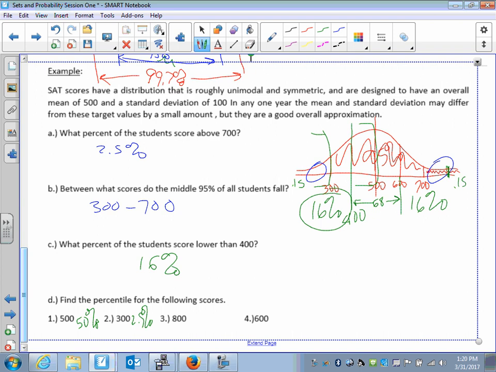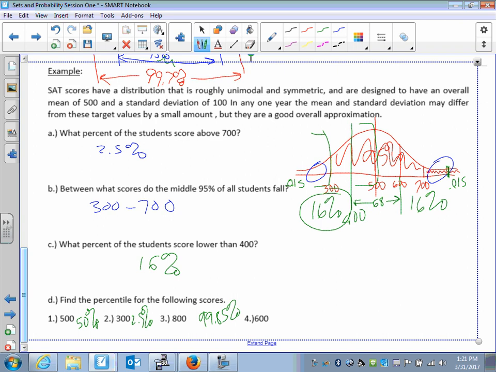So if we want the percentile of 800, it would be 1 minus 0.0015, so 99.85% would be below 800.